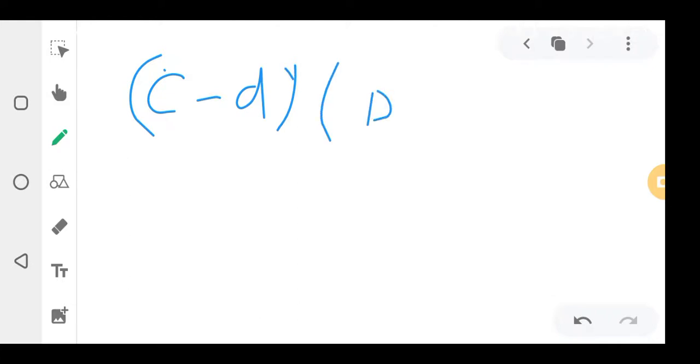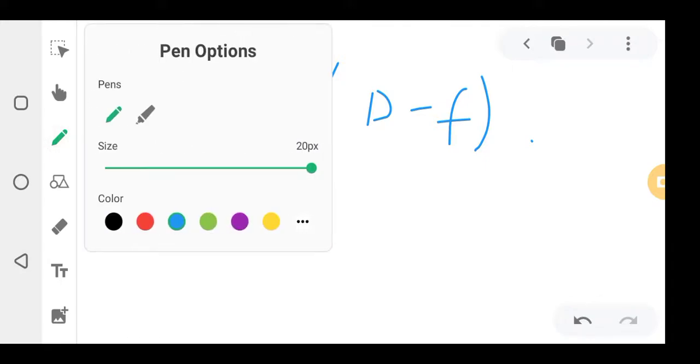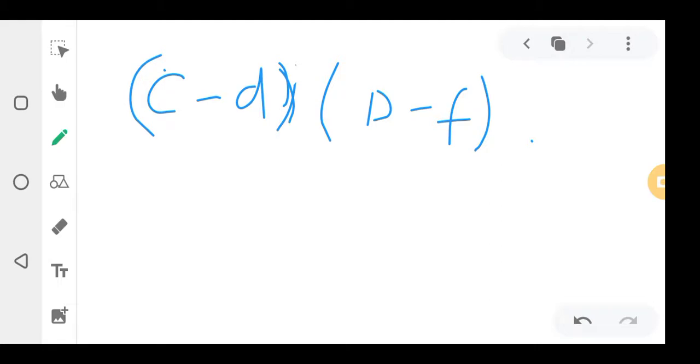It keeps on going. They can give you (c minus d), open closed, open bracket, (d minus f), okay, d minus f. So even here, this is another question, question 3. Again, what do you do here?